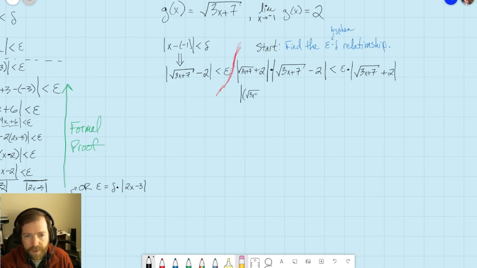Here we got the square root of 3x plus 7 minus 2 times the square root of 3x plus 7 plus 2. It's less than, in this case, our epsilon times the absolute value of the square root of 3x plus 7 plus 2.